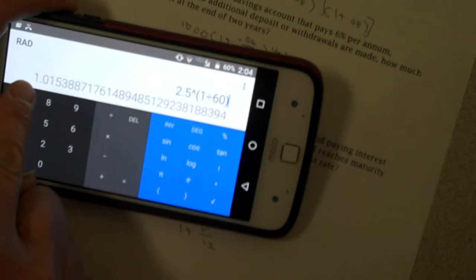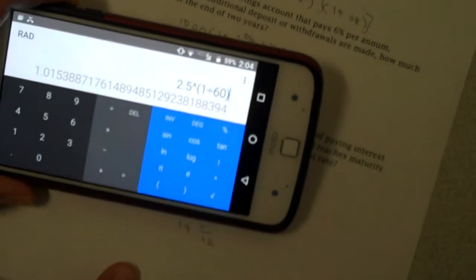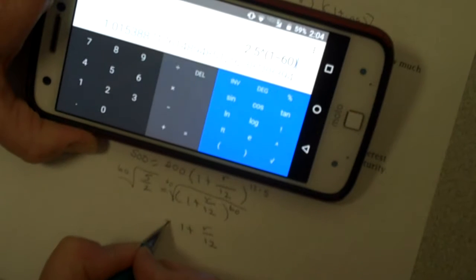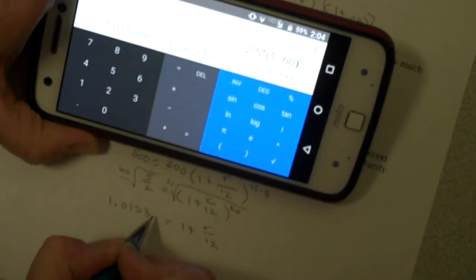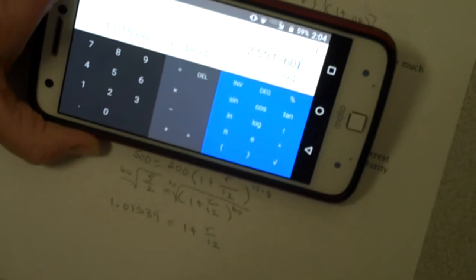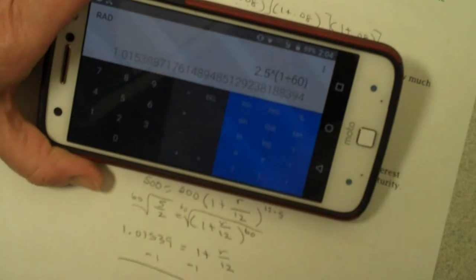And so I get this 1.015388, this really long number that I am not going to approximate. I'm just going to leave it here in my cell phone calculator. And then I'm going to subtract 1 from it, and I'll get the decimal portion of it. And then I'm going to multiply by 12. And that's going to help me figure out my interest rate.